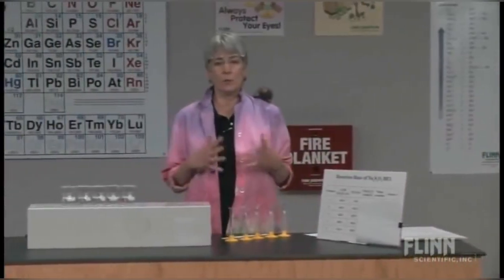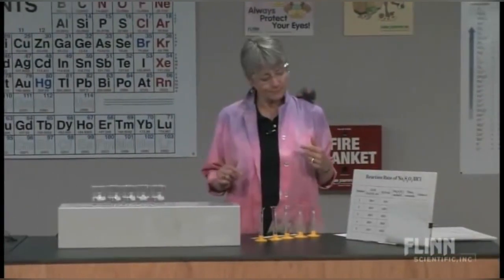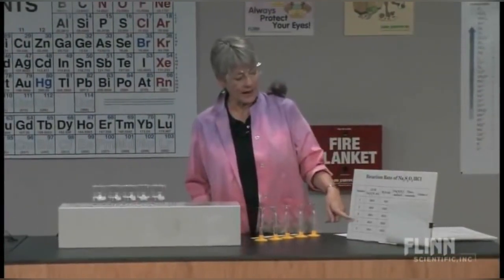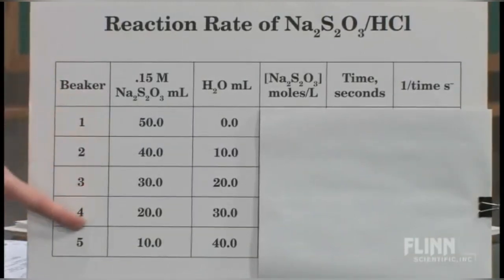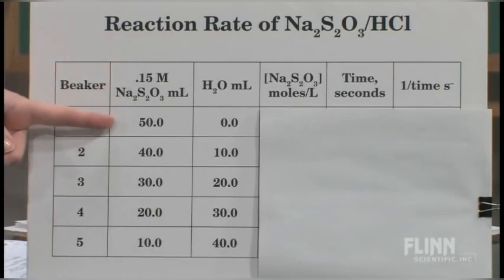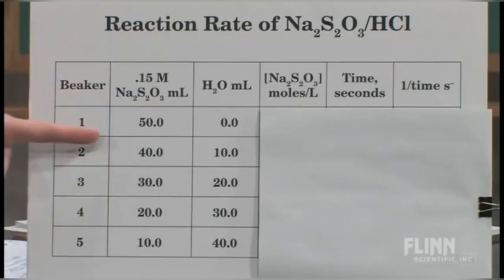And what I've done is I have 5 beakers, and the beakers have varying concentrations of the thiosulfate. So in the first beaker, of course, I've just got the pure 0.15 molar sodium thiosulfate, and then I have diluted it along the way.